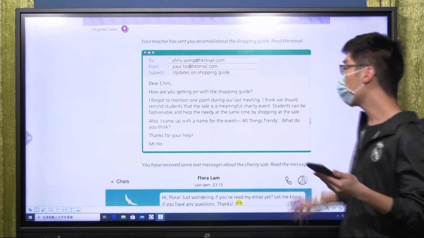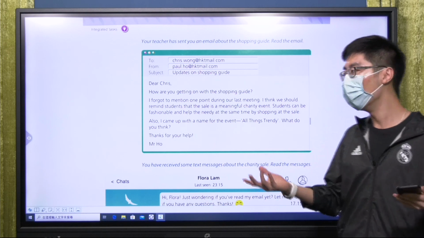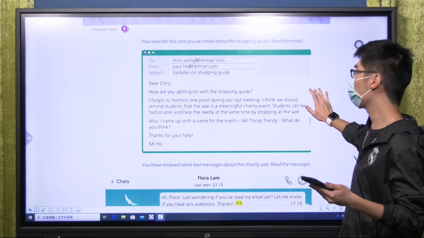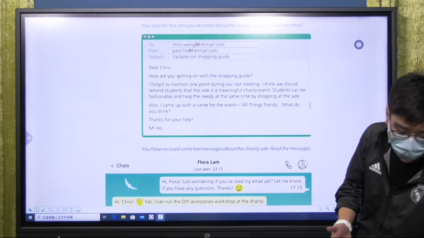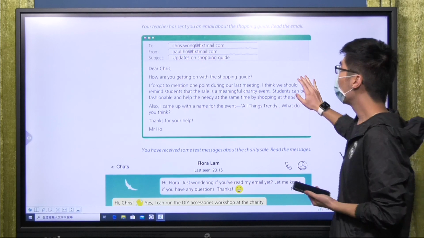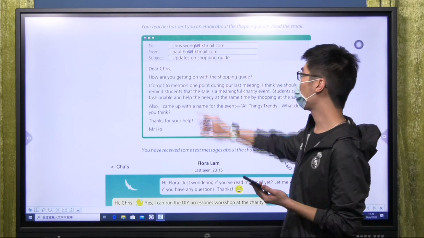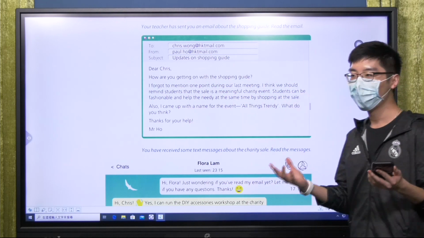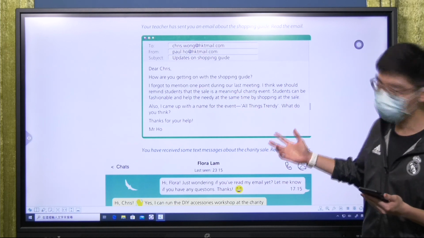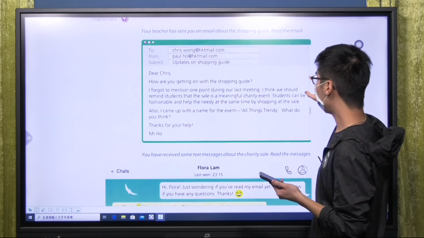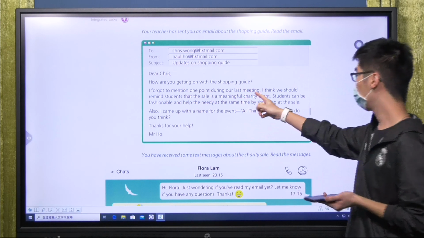So for the integrated task, besides we have to listen and you need to read and combine the data file to finish the task for the next part B on page 51, okay? So first of all, as the data file, we need to look at this part. The first one is about what you are going to write or what content you need to include for your task 2, okay? So you can see here, dear Chris, how are you getting on with the shopping guide?